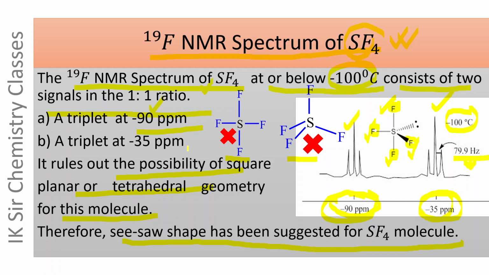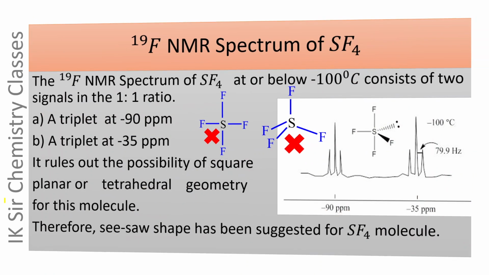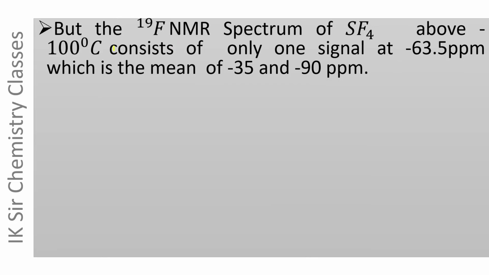And it rules out the possibility of square planar and tetrahedral geometries for the SF4 molecule, and therefore seesaw geometry has been proposed for this molecule. But the F-19 NMR spectrum of SF4 above minus 100 degrees centigrade consists of only one signal at minus 63.5 ppm, which is the mean of minus 35 and minus 90 ppm.